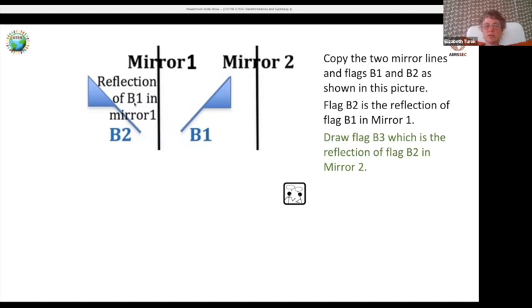So have a think about that. If it's reflected in this mirror, it should be this distance away from this mirror on the other side. So the bottom here, this part of the flag, would be somewhere around about there. Maybe even a bit more.